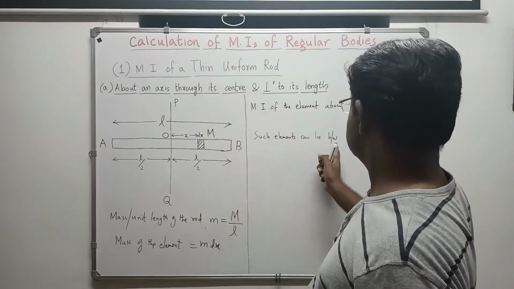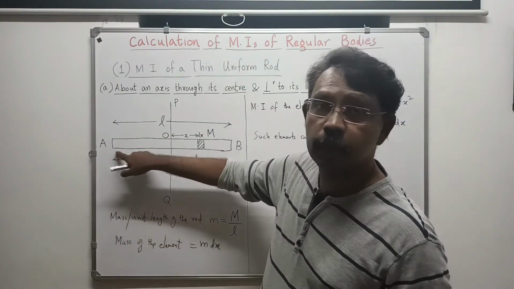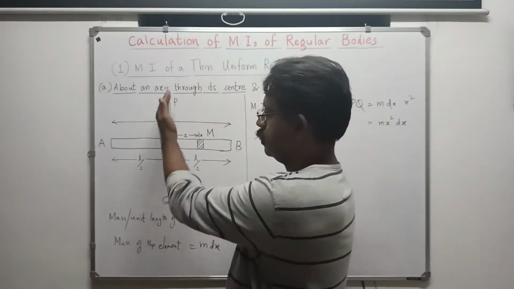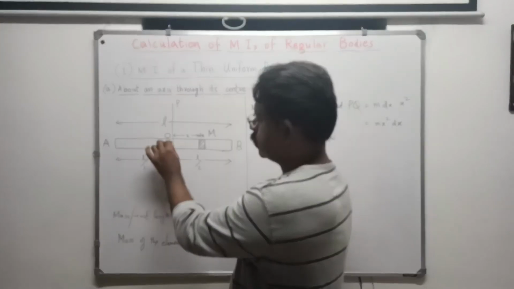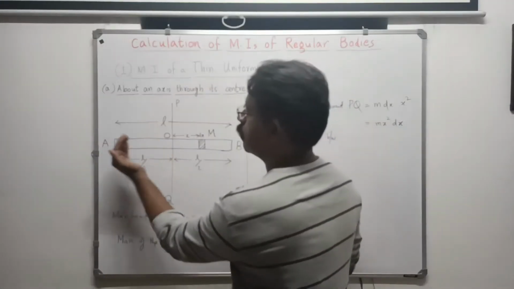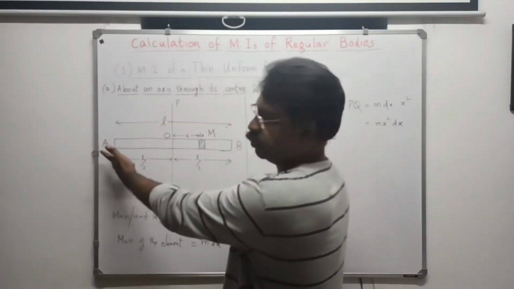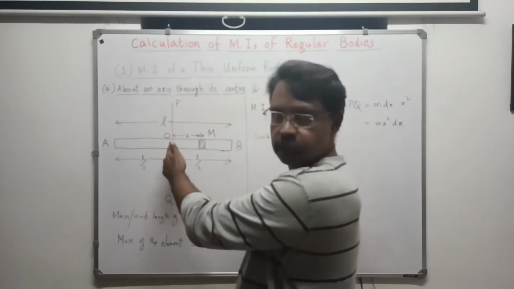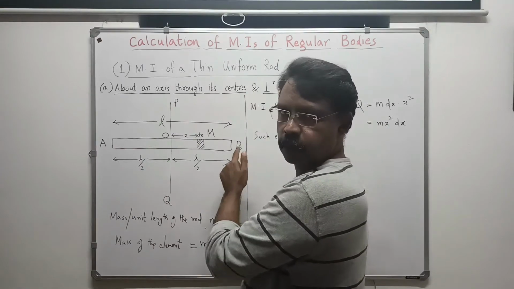So we can say that such elements can lie between, if I take the center portion as 0, this end is minus L by 2 and this end is plus L by 2, just like a number line.